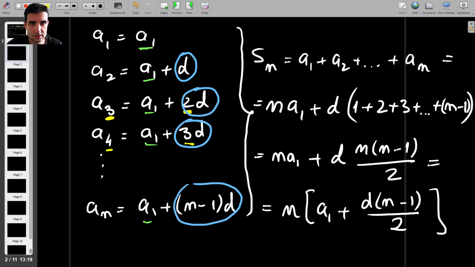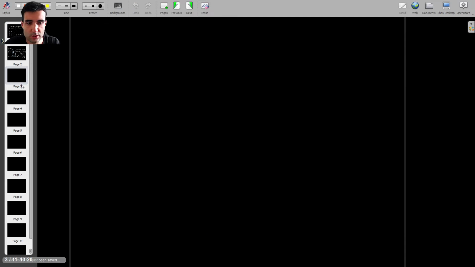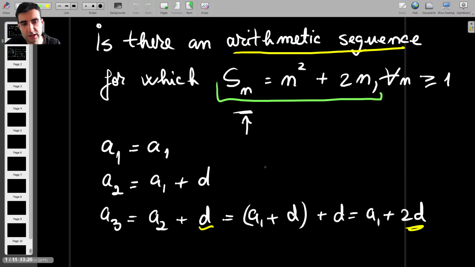Now our question is asking whether there is an arithmetic sequence for which the sum of the first n terms is n squared plus 2n. So let's try to equate those together. We have this for the general form of the sum of an arithmetic sequence, and then we have this that we're trying to check is possible.